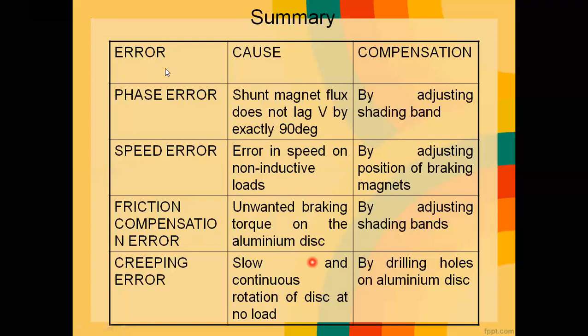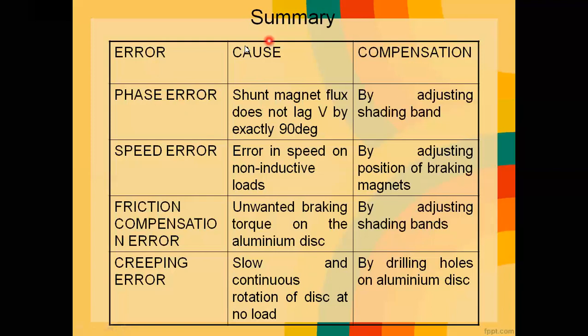So if we summarize, we have different errors that we have discussed. Error 1, which is phase error, it causes shunt magnetic flux. So it shows what happens if this error comes and how the error comes.